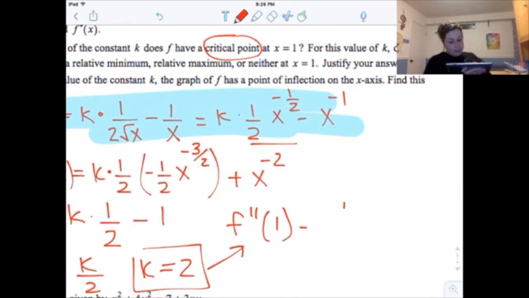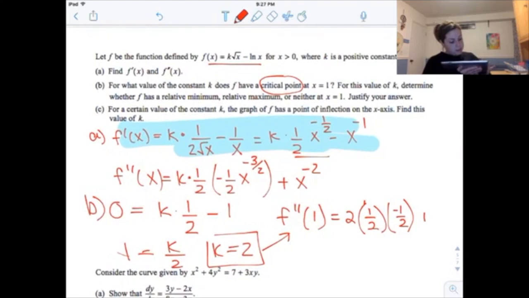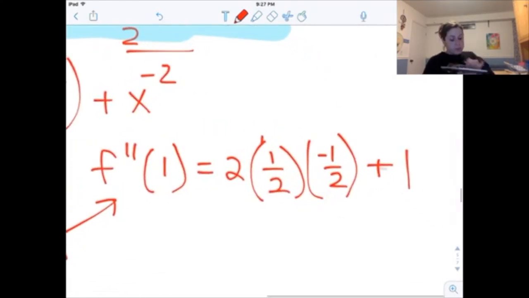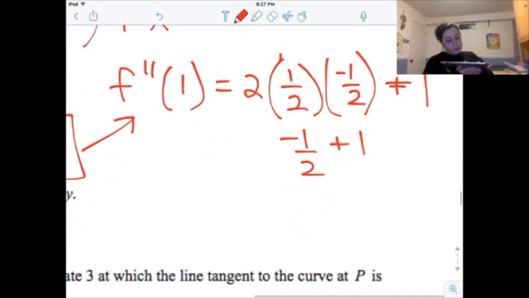So that's going to give me 2 times 1/2 times negative 1/2, and then 1 to any power is 1. Plus 1, right? x to the negative second is just 1. So this gives me negative 1/2 plus 1, so this gives me 1/2.